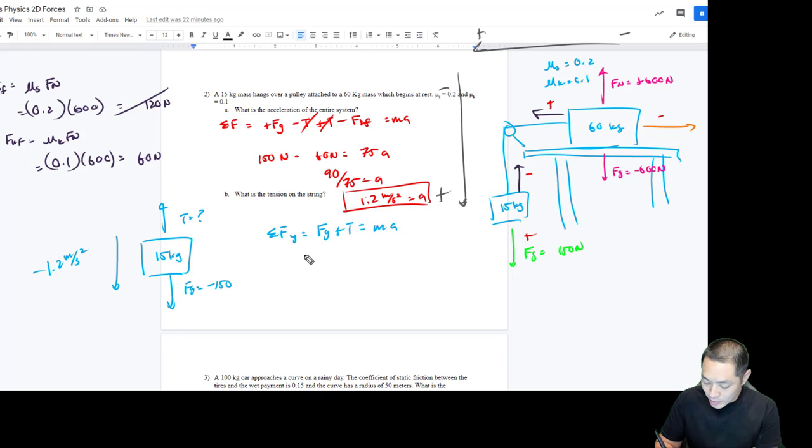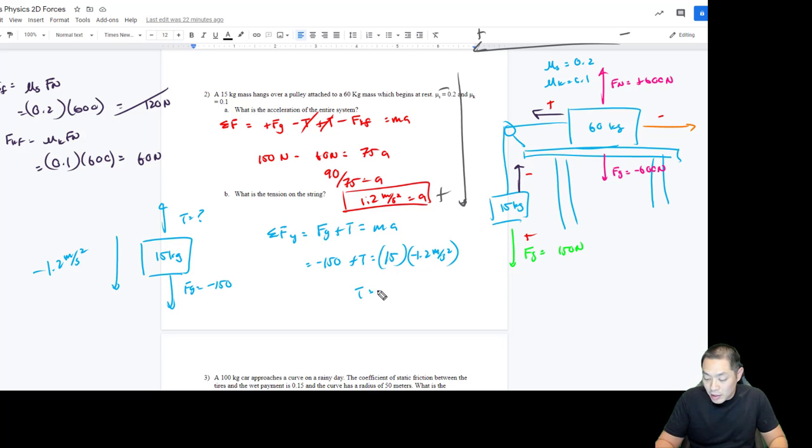We know what a is. We know what Fg is. Negative 150 plus tension equals 15 times, and this time we only include 15 because we're just examining one mass, acceleration was 1.2. And like I said, this needs to be negative.